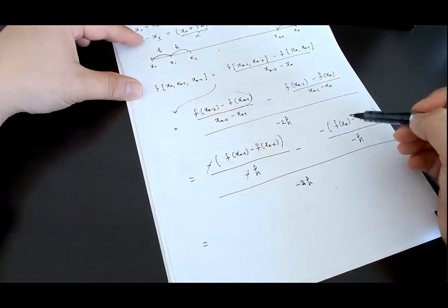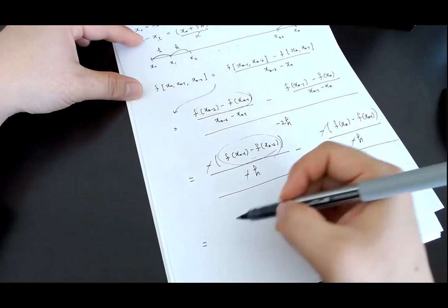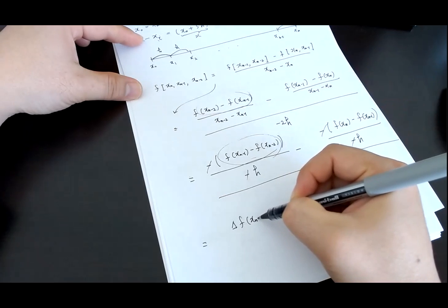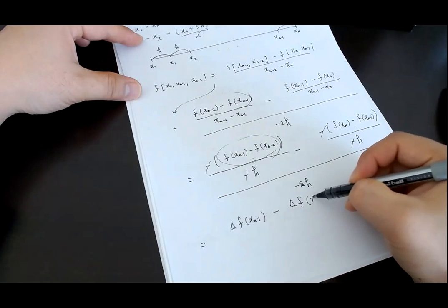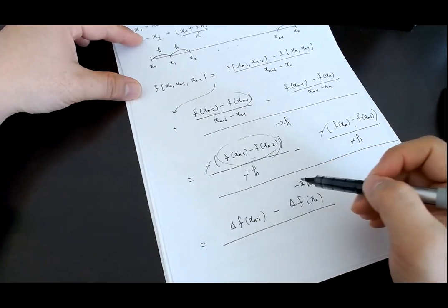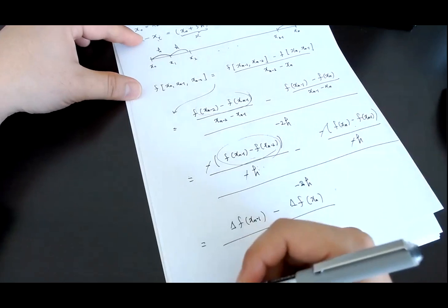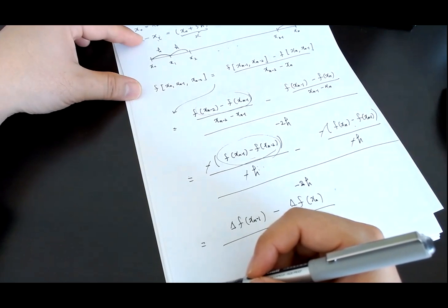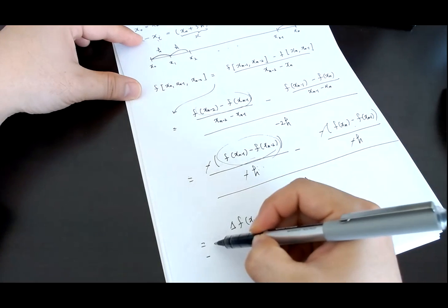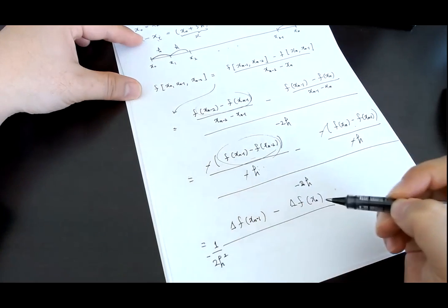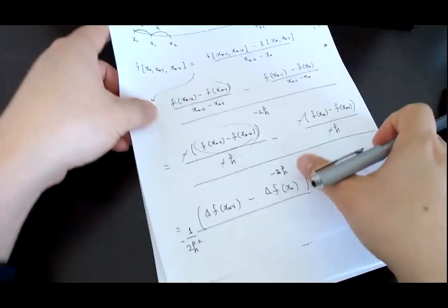So now that is equal to what? Negative and negative cancel out. The top one is nabla f of x_{n-1}, minus this one, nabla f of x_n, over h. You see that 1 over h is the common factor in the numerator, so we factor it out, right? Then we factor out the negative 2h, so we got negative 1 over 2h squared times this.